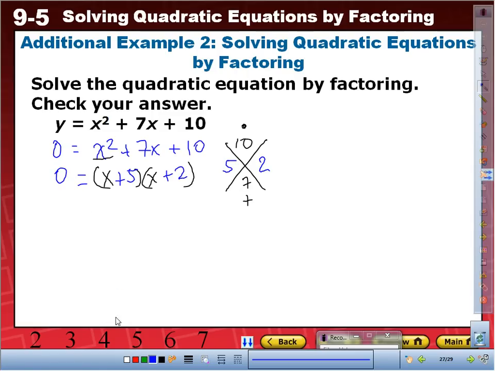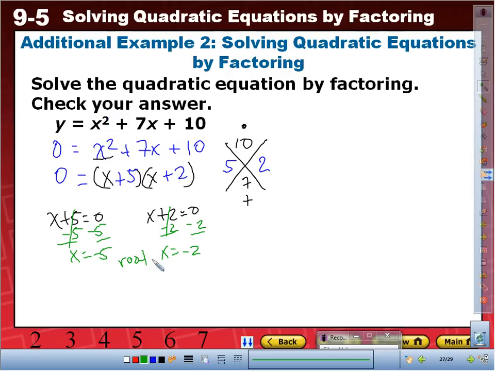Michael. Bam. X plus 5 equal to 0. X plus 2 equal to 0. And we solve. So what do? X equals negative 5. X equals negative 2. And these are called the roots or zeros.